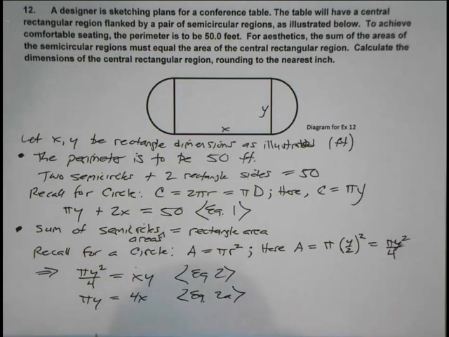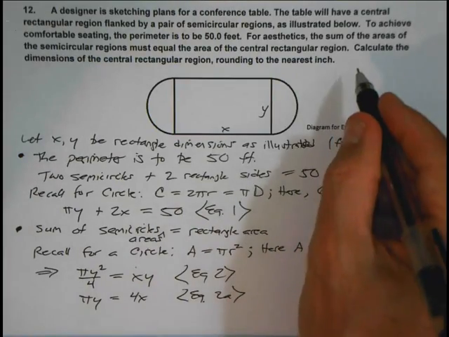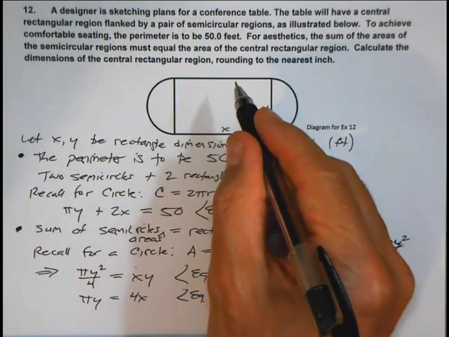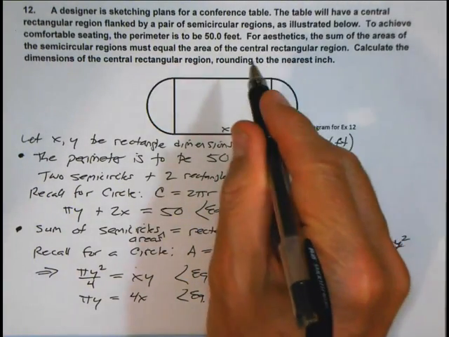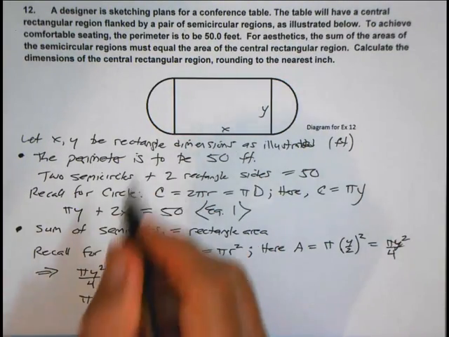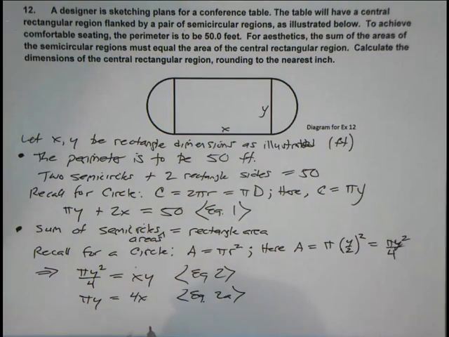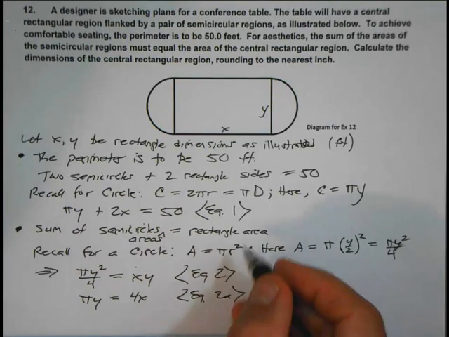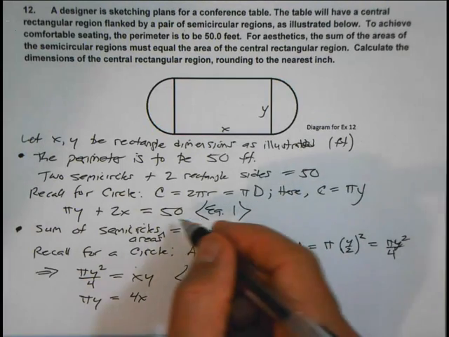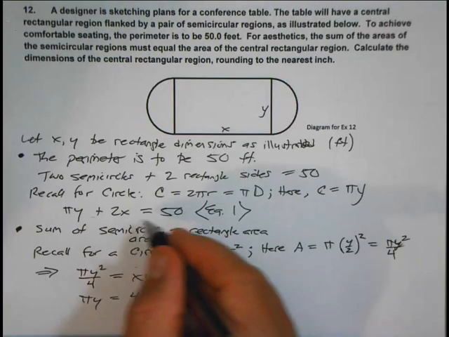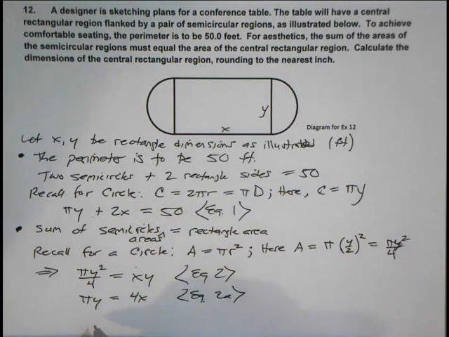Alright, let's see what we have here. Any other information? No, I think we've accounted for everything in this paragraph here. This is going to be our math problem. And if you look at equation 1, linear in x and y. Equation 2, also linear in x and y.